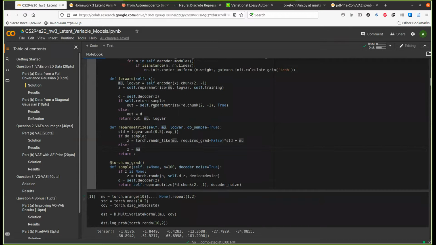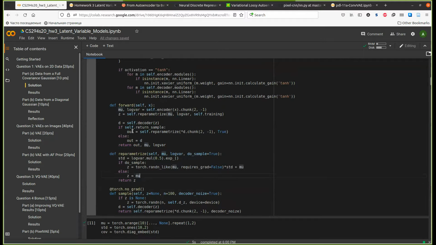Then we feed it to the decoder, and the decoder outputs the means and log variances of another distribution which we want to model, right?